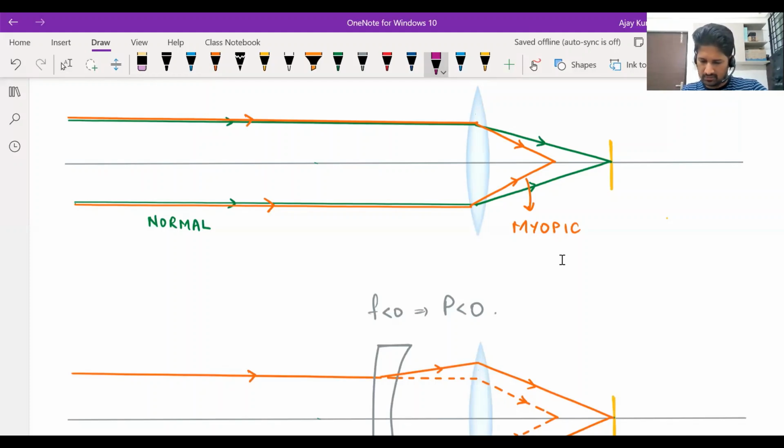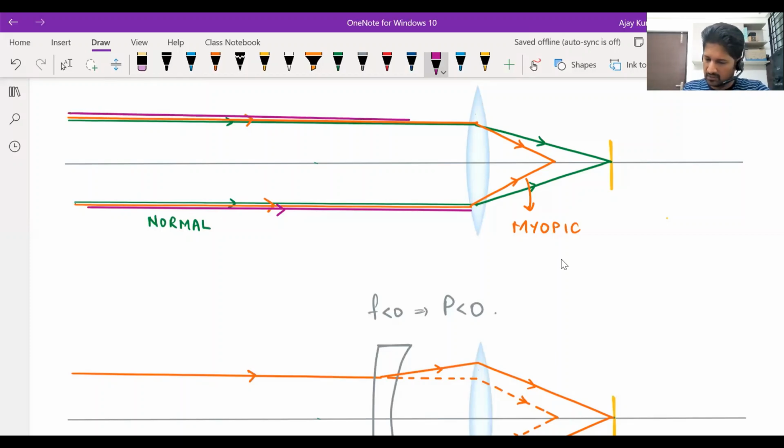suppose the eye does not have the necessary converging power to form an image on the retina or in front of the retina. Consider some other rays incident parallel to the principal axis. These rays, suppose they cannot be converged onto the retina or in front of the retina. So basically something like this happens.